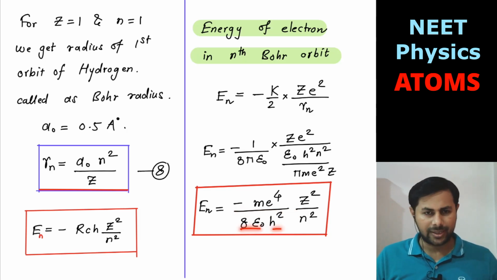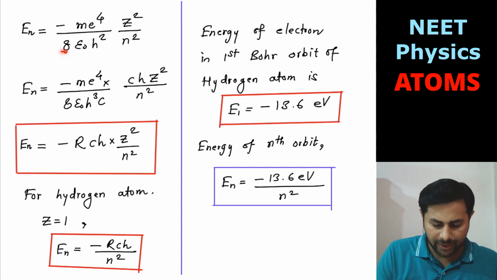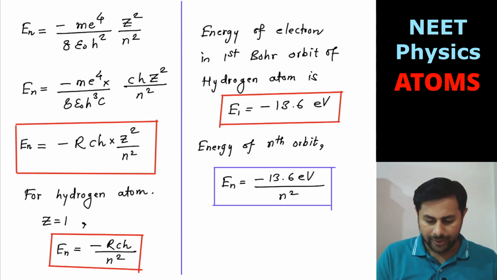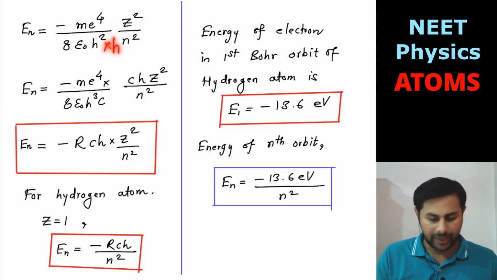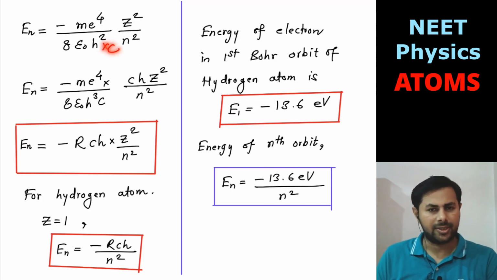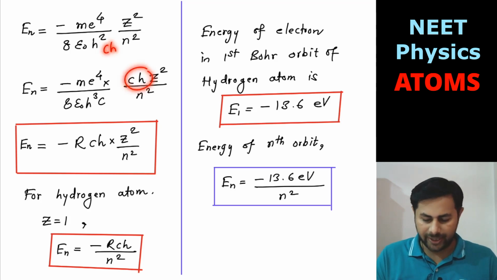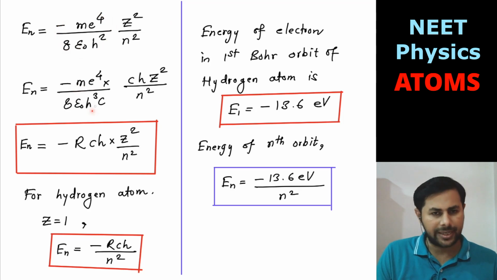Then in the denominator you multiply with h and c, that is the speed of light, and you get m e to the power 4 over 8 epsilon naught square h cube c.